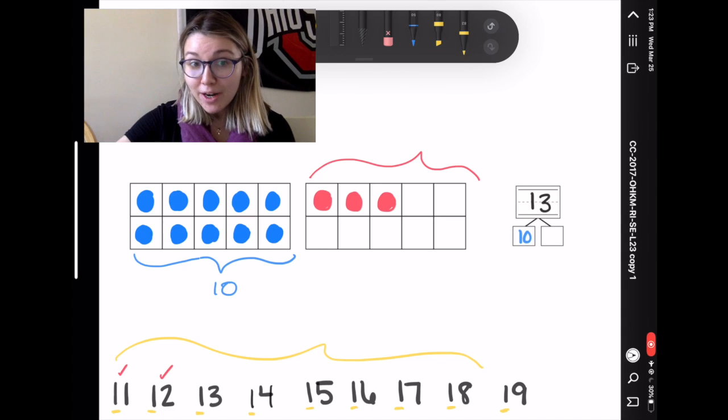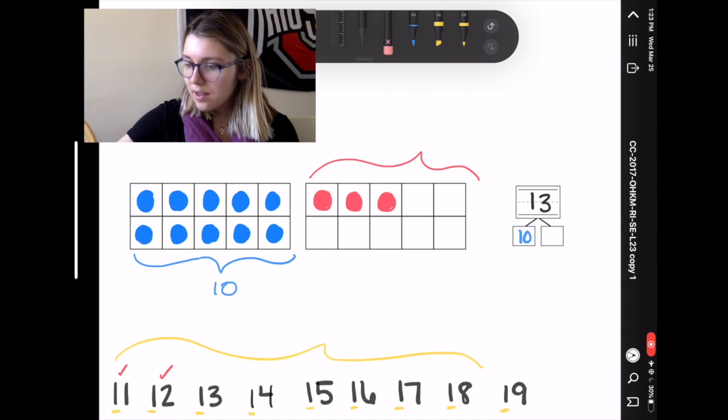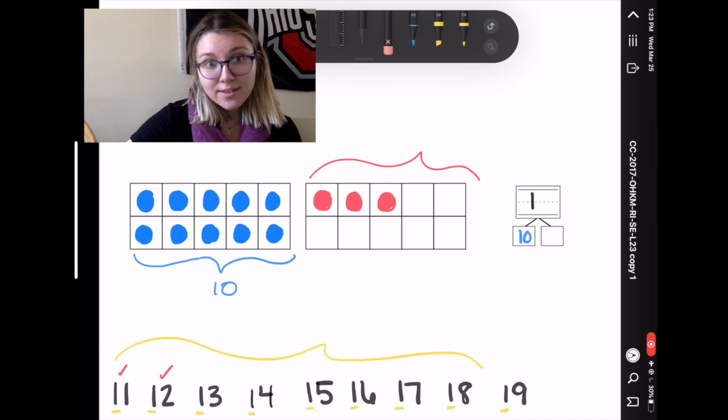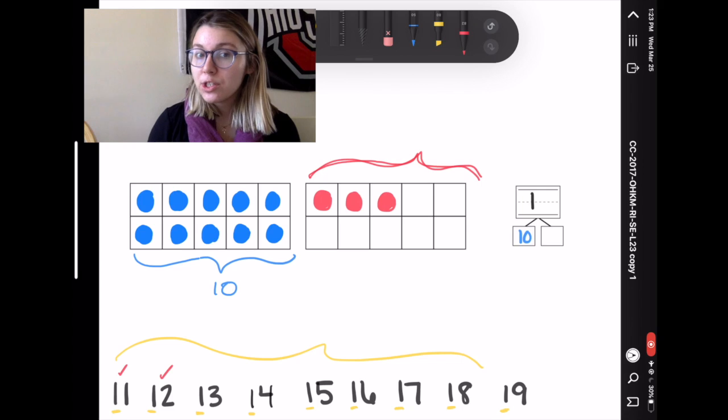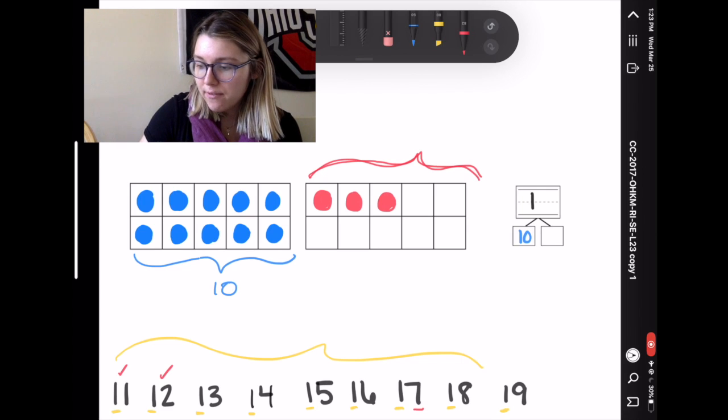So do I have to keep writing that 1? No way. So I'm going to just go ahead and delete that 3 because that 3 always changes because this number, remember, the extra dots that we have always changes. So that extra number we have is always going to change.